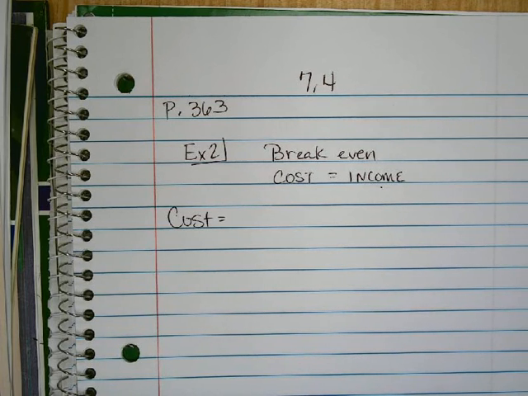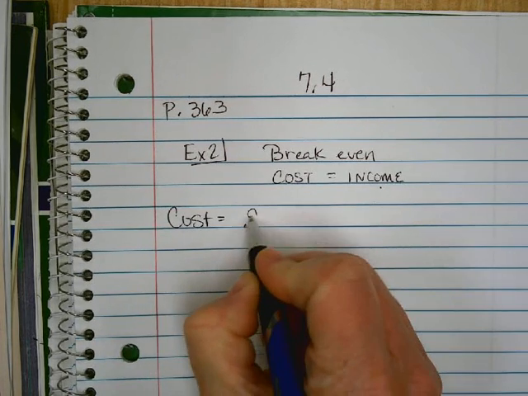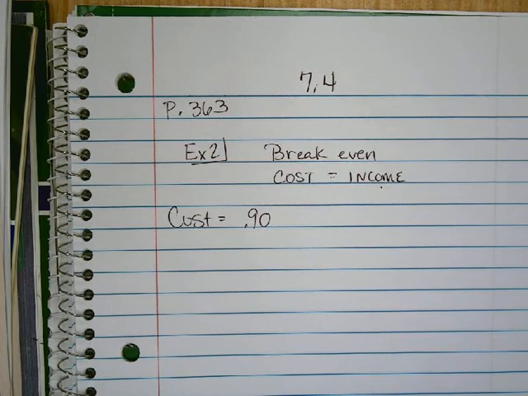Jared, what do you think? Read that sentence to me where it says expenses are. 90 cents. What am I supposed to do with 90 cents? Does it just cost 90 cents?